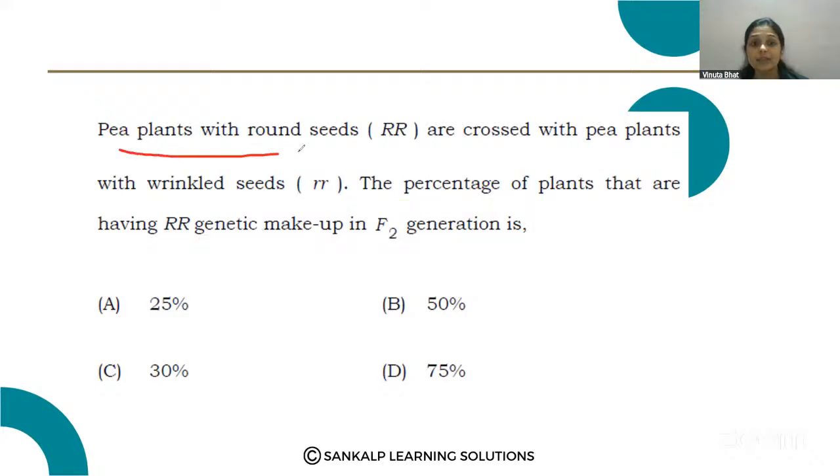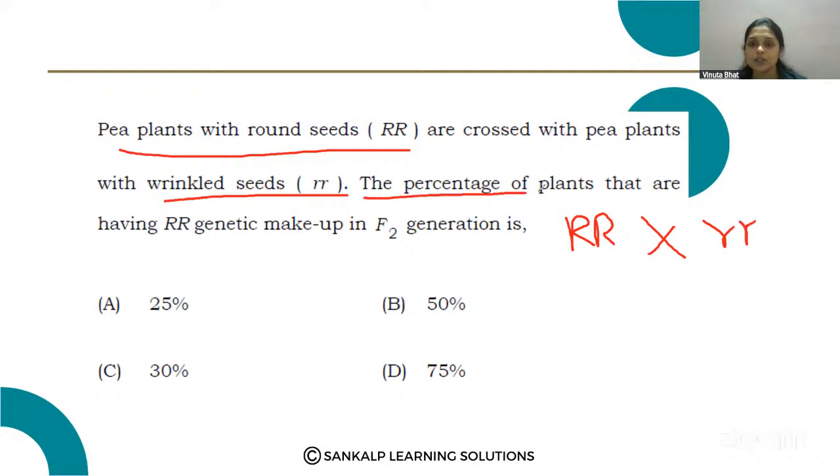Pea plants with round seeds means capital R, already given, crossed with pea plants with wrinkled seeds, that is small r. The percentage of plants having RR as a genetic makeup in the F2 generation.